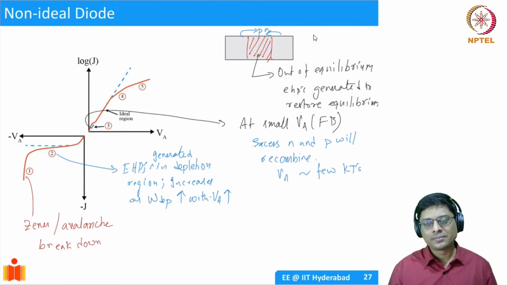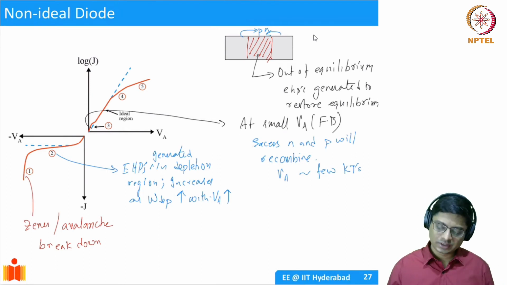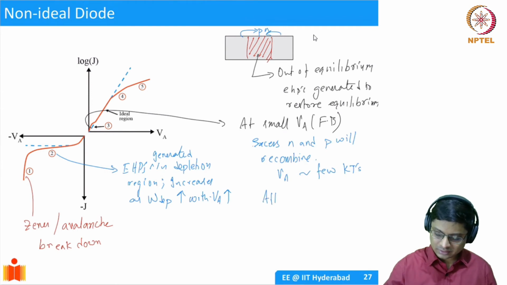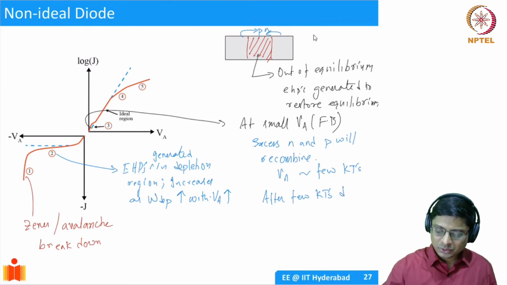If you go to 100 millivolts or something, this is going to vanish. The reason is the diffusion current goes exponentially, right? So once the diffusion current takes over, after a few kT, I mean, 1 kT is basically 25 millielectron volts. A few kT, let's say 100 millielectron volts, or 0.1 volts, diffusion is going to take over.